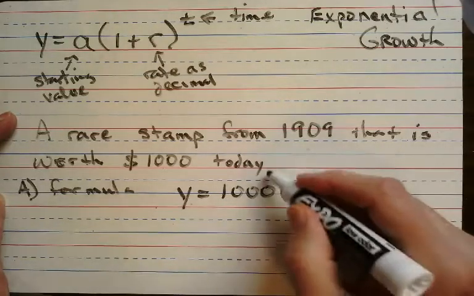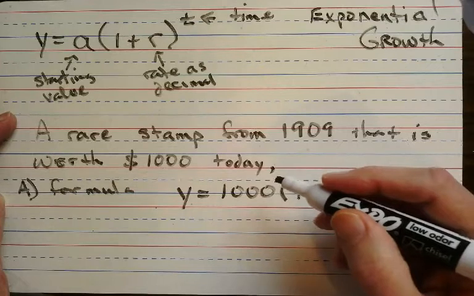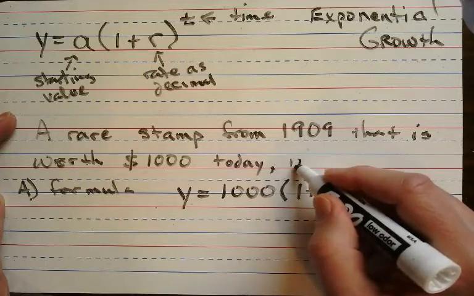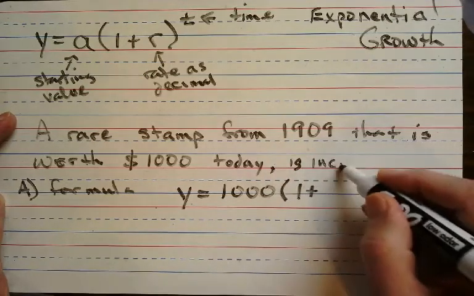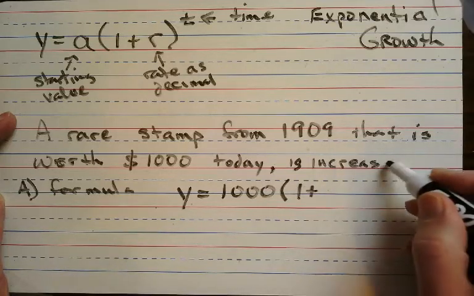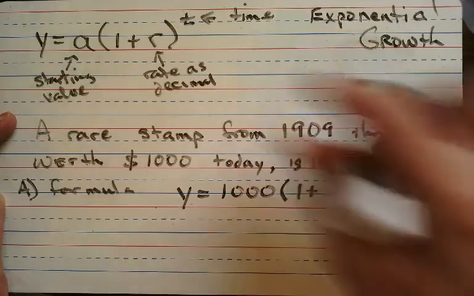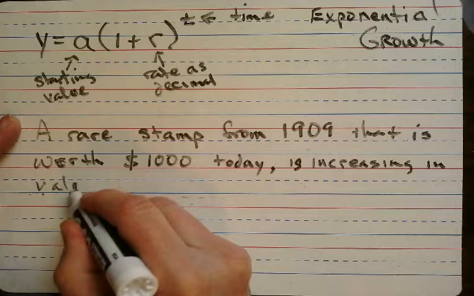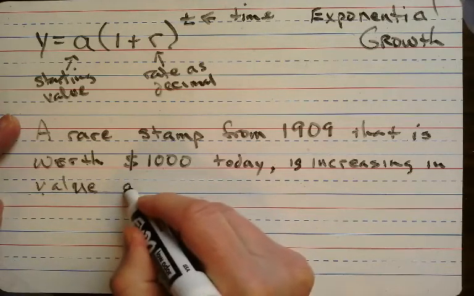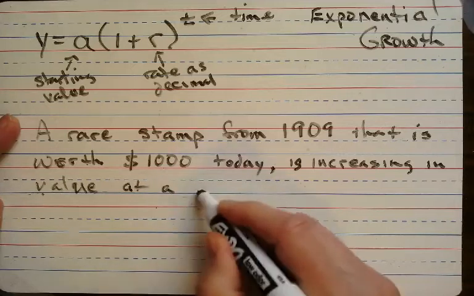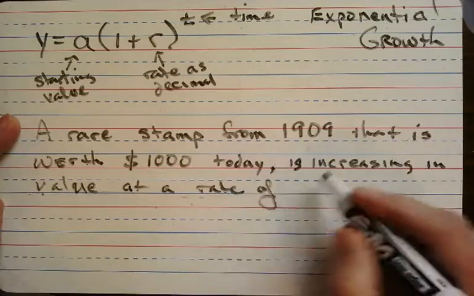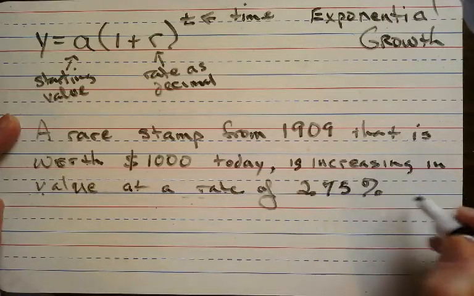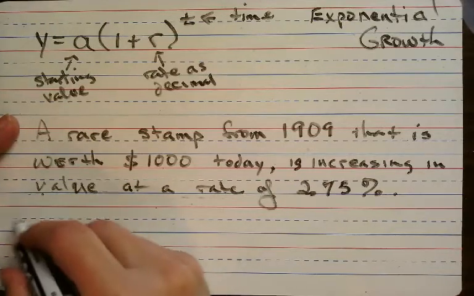I forgot to give you the rate, comma, is increasing in value at a rate of 2.75%. Now we're done.